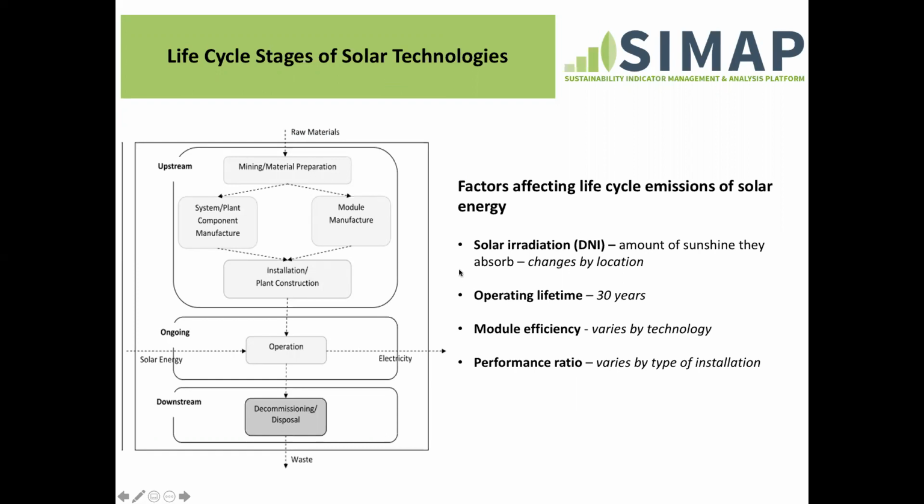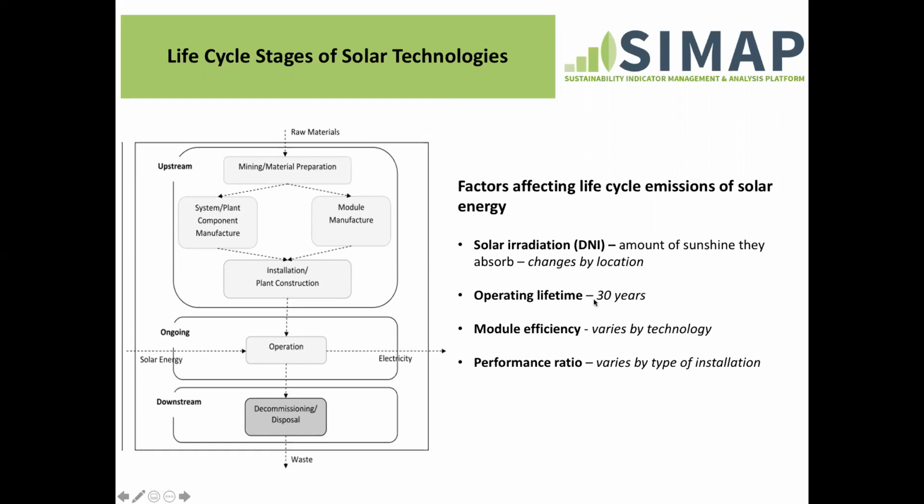There are a few factors that affect the life cycle of solar energy. The most important one is solar irradiation, which is the amount of sunshine the solar technologies absorb. This changes by location, so in locations with higher solar irradiation, the emission factors would be much lower.